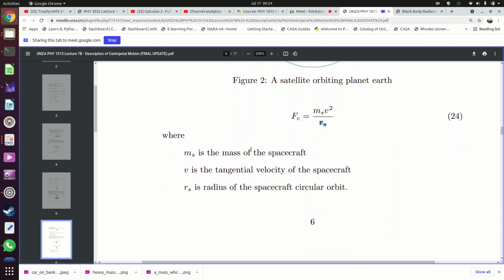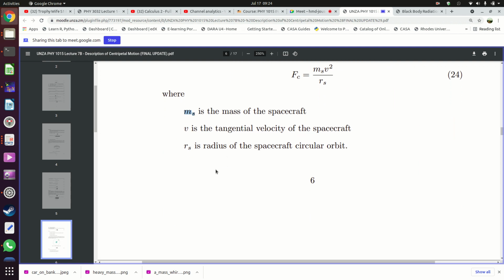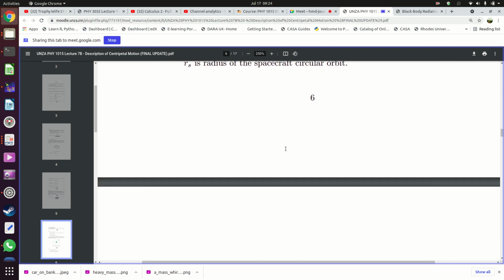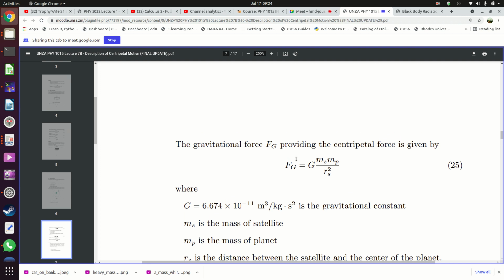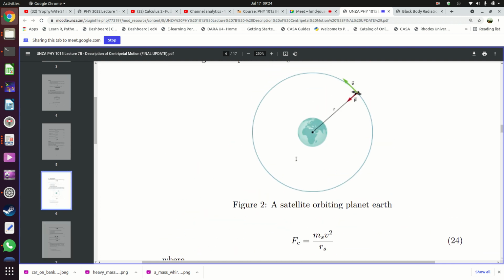So here ms is the mass of the satellite, v is the speed of the satellite in space, and r is the radius of the satellite's circular orbit, like that. Now, our centripetal force is being provided by gravity. As you can see, we've got two masses. There is the Earth, which is one mass.